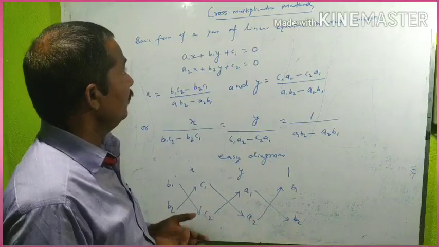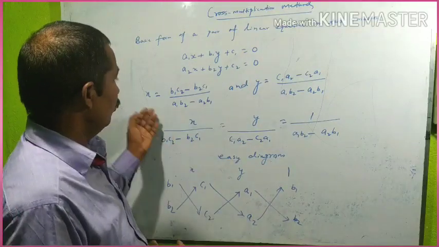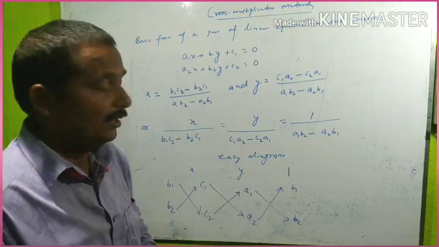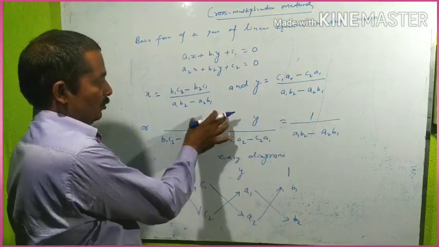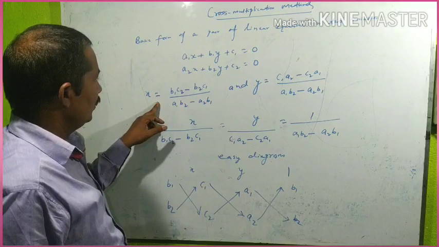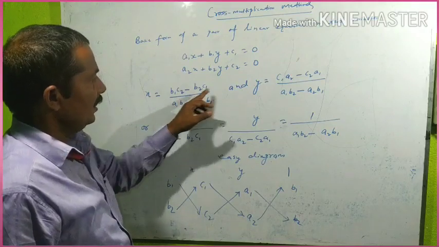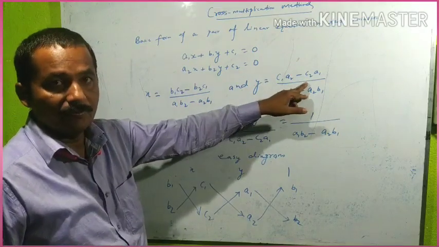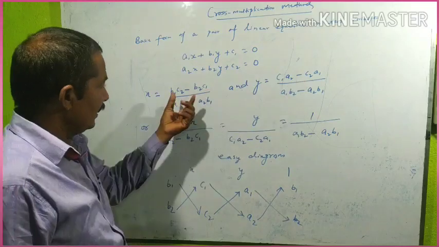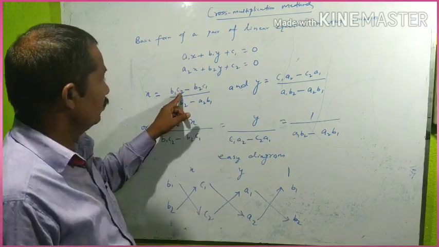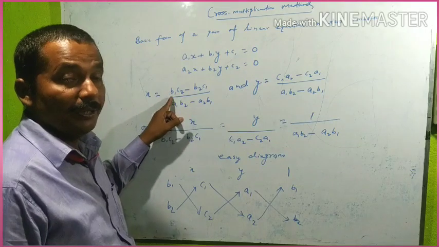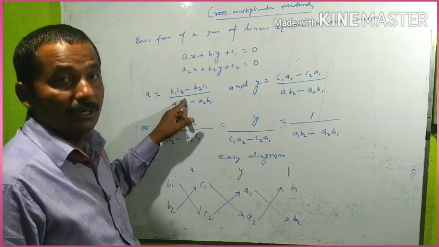If you want to apply this method to find the value of x and y, you can directly memorize these two forms. X is equal to this one and y is equal to this one. And directly you will put the values of b1, c2. b1, c2 means b1 into c2.